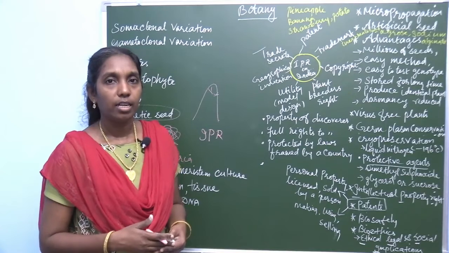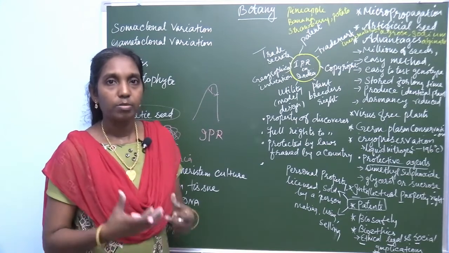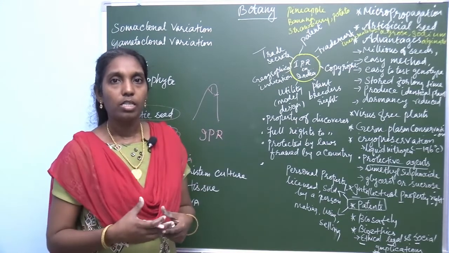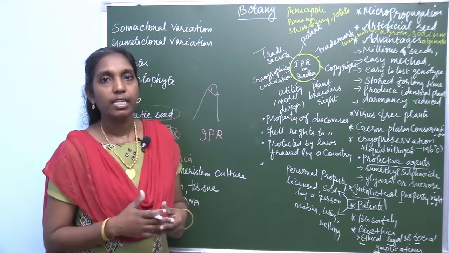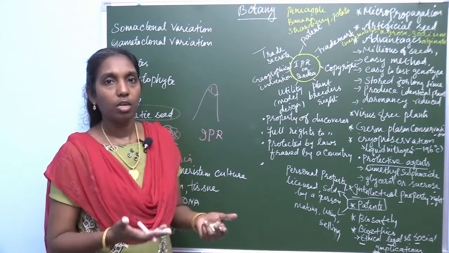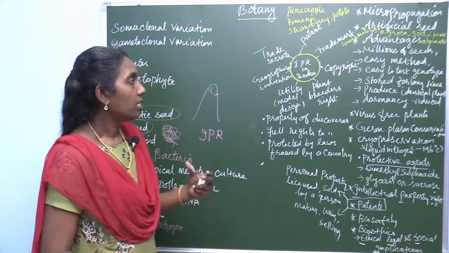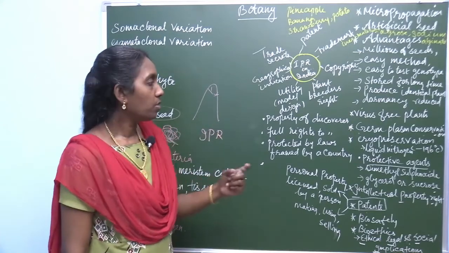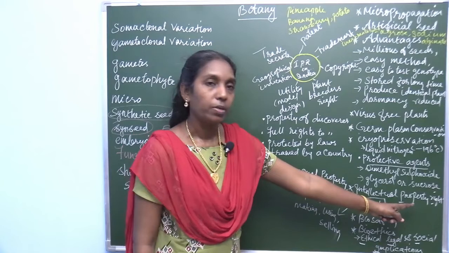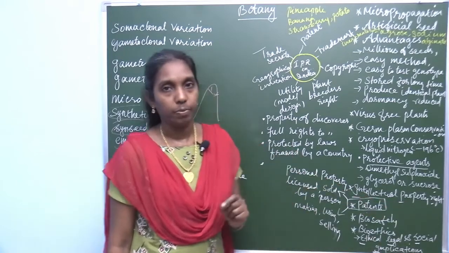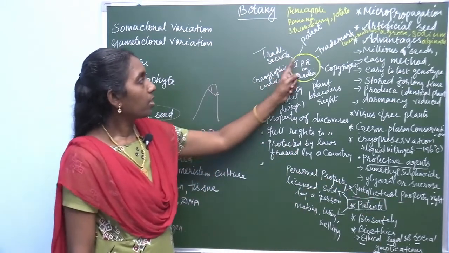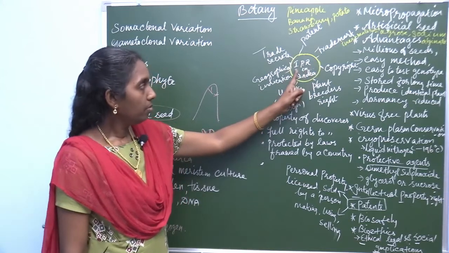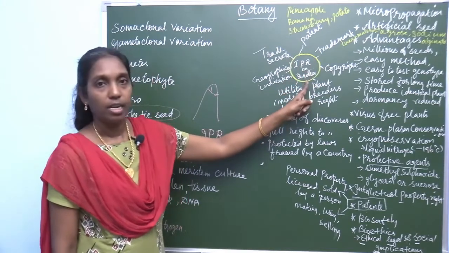By genetic engineering technology, natural microorganisms or natural plants can be altered into artificial ones. For this, each and every country gives the intellectual property right to the particular person. So this is IPR in India.